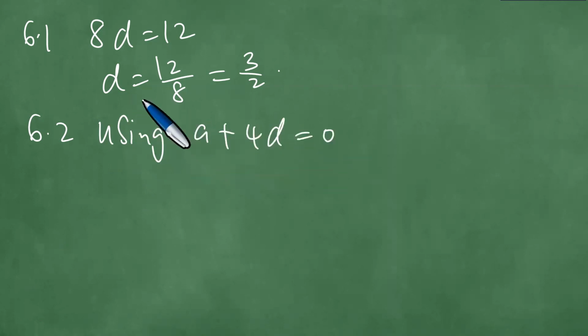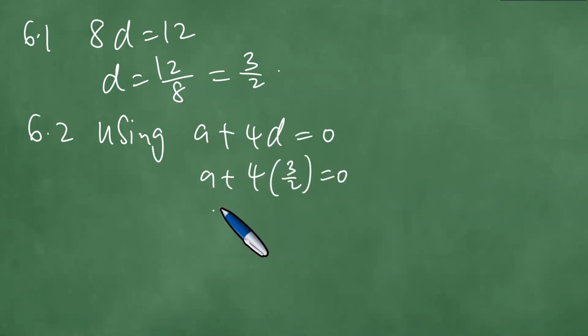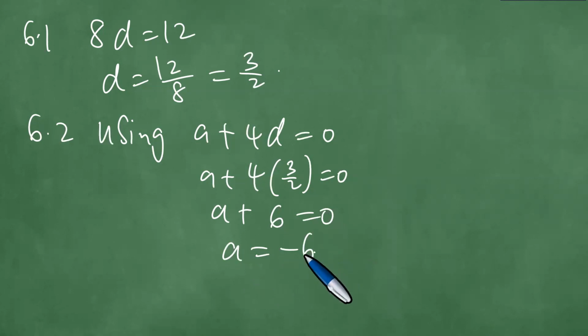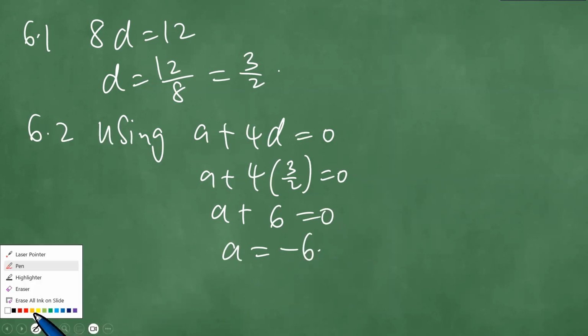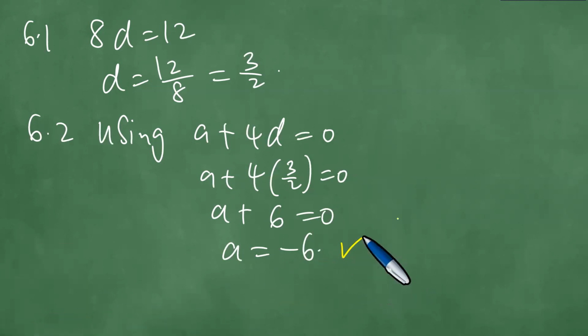You already know d. a plus 4d is 3 out of 2, which means in 6.2, a is minus 6.